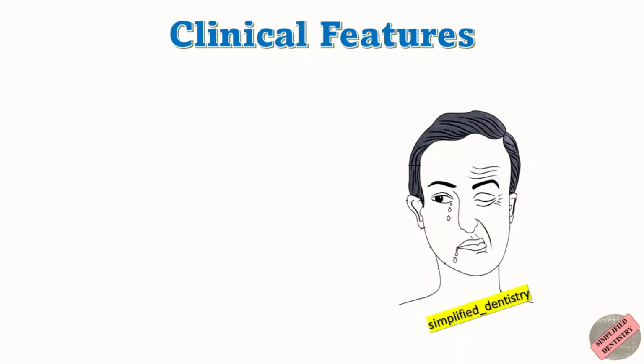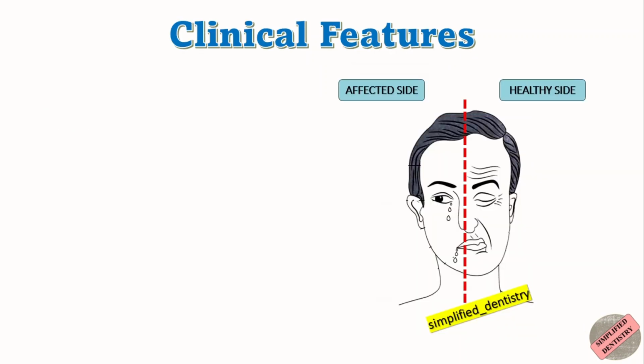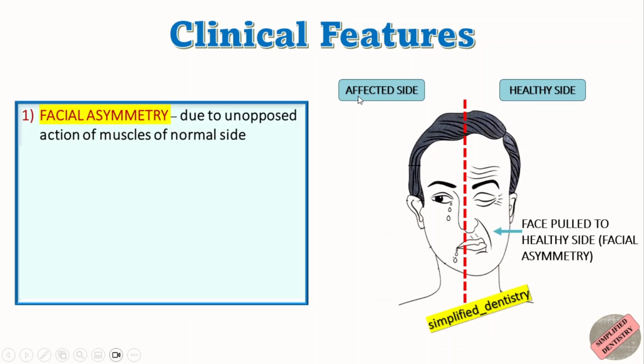Let's have a look at some of the clinical features on the side of paralysis. First is facial asymmetry. The affected side is drawn to the healthy side. It occurs due to unopposed action of the muscles of normal side.